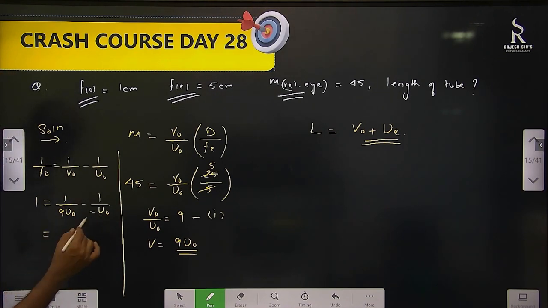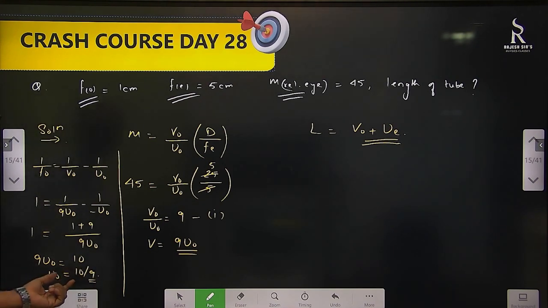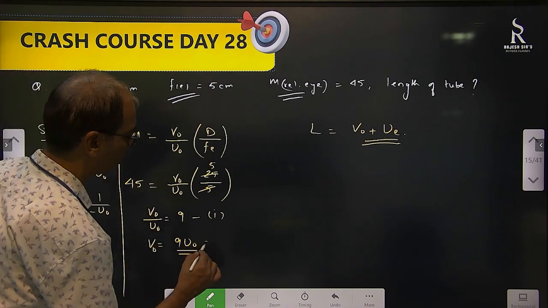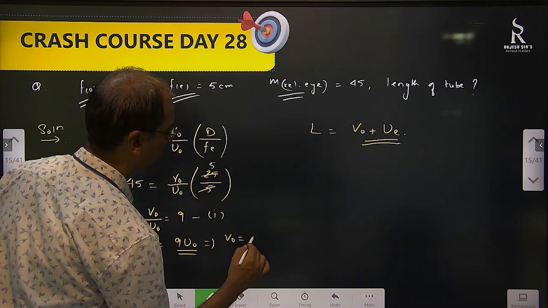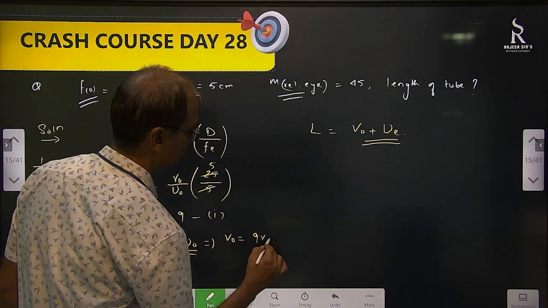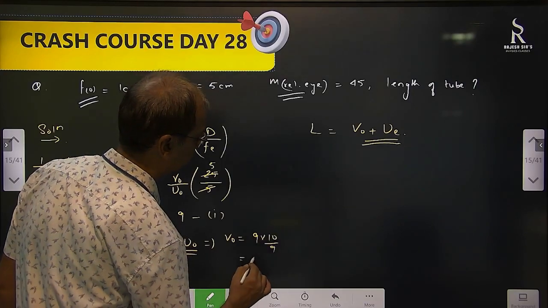So this one is adding here. So this is 9 U naught. This is 1. This is 9. And this is 1. So 9 U naught equal to 10. So U naught equal to 10 by 9. So if U naught I know, that means V naught also I know, right? So V naught is what? V naught equal to 9 times 10 by 9. So V naught is 10 centimeters.